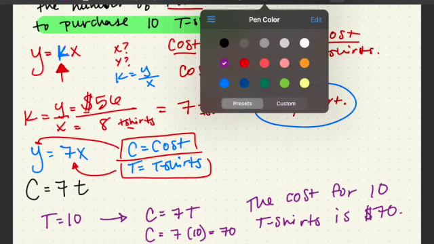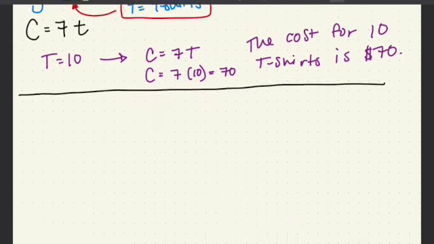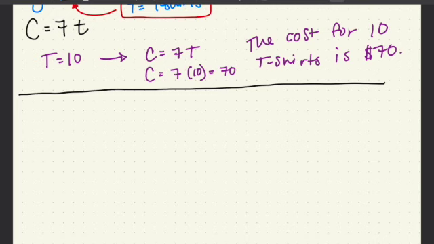Okay, the last thing that I want to tell you guys is about this letter k that we see a lot. Like I've been saying, if you don't remember anything else, remember the equation k is equal to y divided by x.